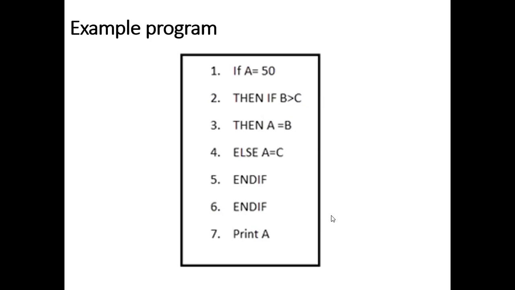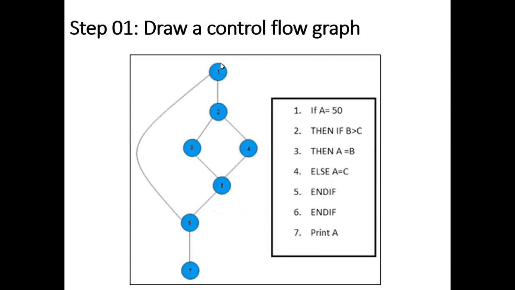If I try to draw the control flow graph for this program, it would be something like this. The first statement, if A equals 50, is here.